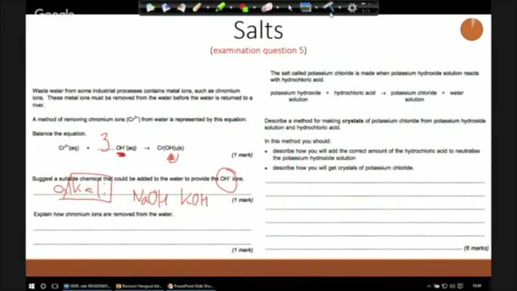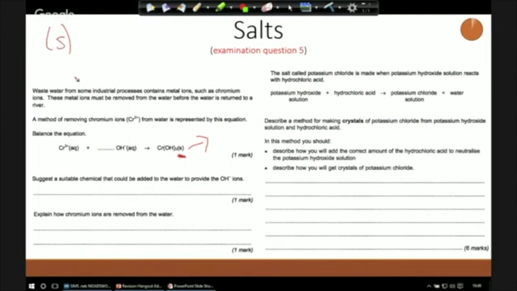Now finally, explain how the chromium ions are removed from the water. The clue is here. We know that this is a solid. And in fact, the state symbols, we have solid, we've got ourselves our liquid, we've got ourselves our gas, and finally, we've got aqueous, which is something dissolved in water. Well, if we have a look specifically here, how are we going to actually remove this?